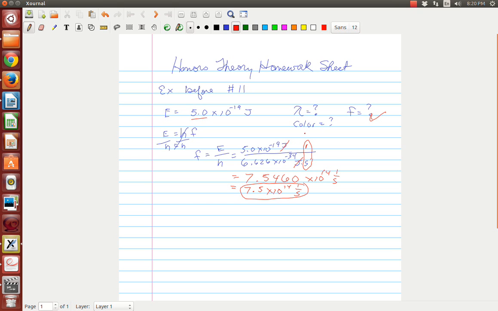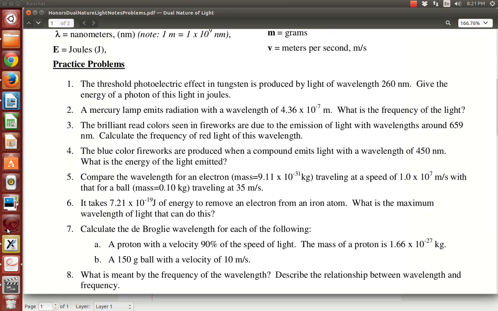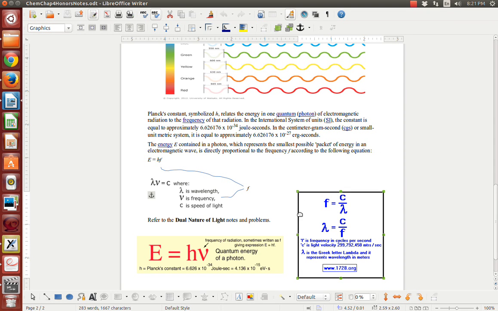All right, now I need to know the wavelength. Okay, so c equals wavelength times frequency. We got that from our notes. And so let's change it to wavelength. I'm going to divide both sides by frequency, so the wavelength is equal to the speed of light divided by the frequency. I'm going to verify that and show it to you here.